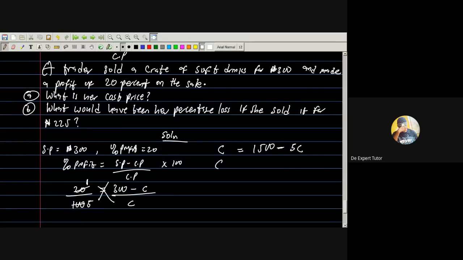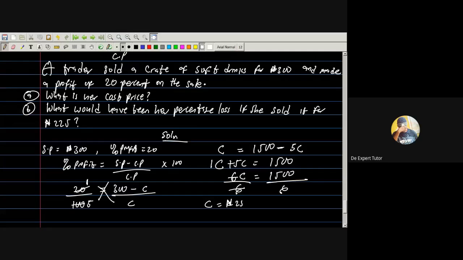You have C plus 5C equal 1,500. 1C plus 5C will give me 6C equal 1,500. I'm looking for C, so I'll divide this by 6. What's my answer? 1,500 divided by 6 gives me 250. If you see, it makes sense. This is the person's cost price.